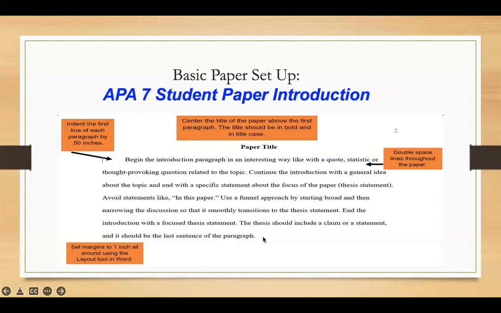Okay, so let's look at this paragraph here. Begin the introduction paragraph in an interesting way, like with a quote, or you can quote some statistics. You can say, statistics show that the level of undergraduate students struggling with stress has increased in the last 3 years, and give reasons.